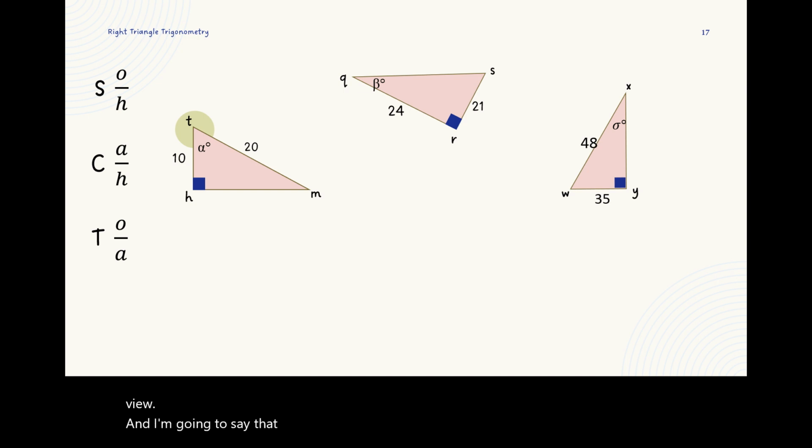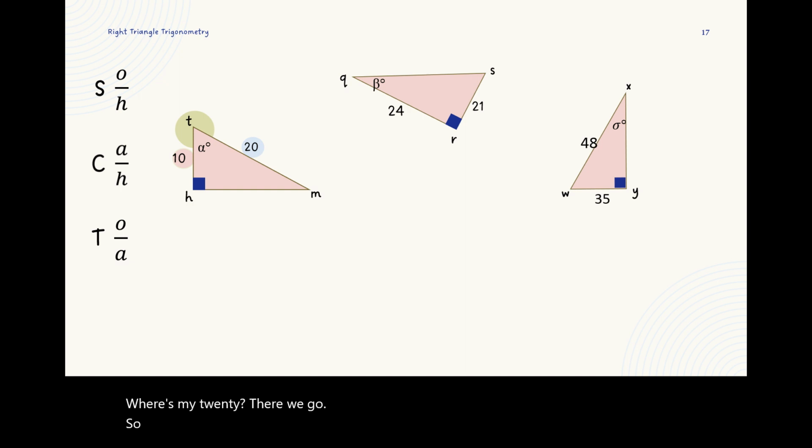At angle T, I have an unknown angle alpha, but I also have 2 side lengths. I have 10, which is an adjacent side to T, and I have 20, which is the hypotenuse.